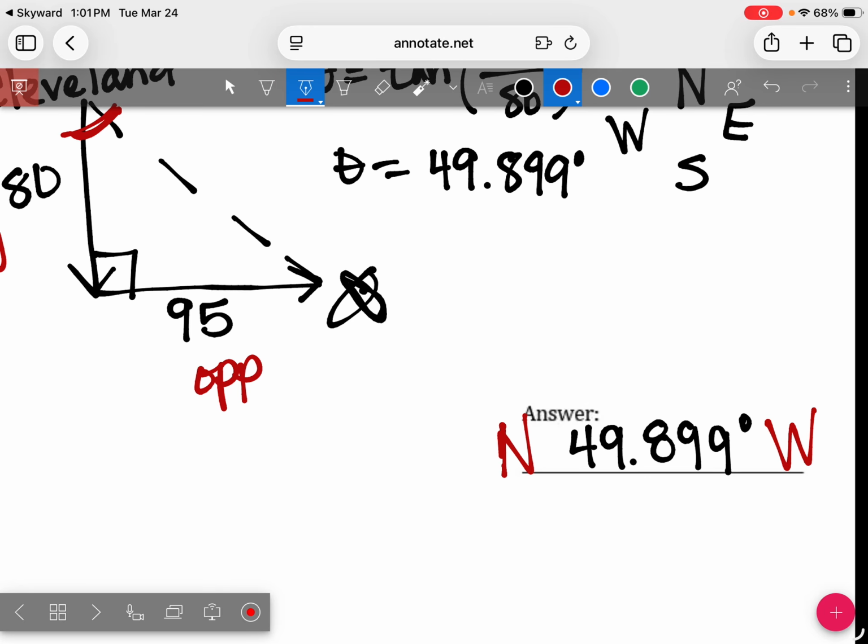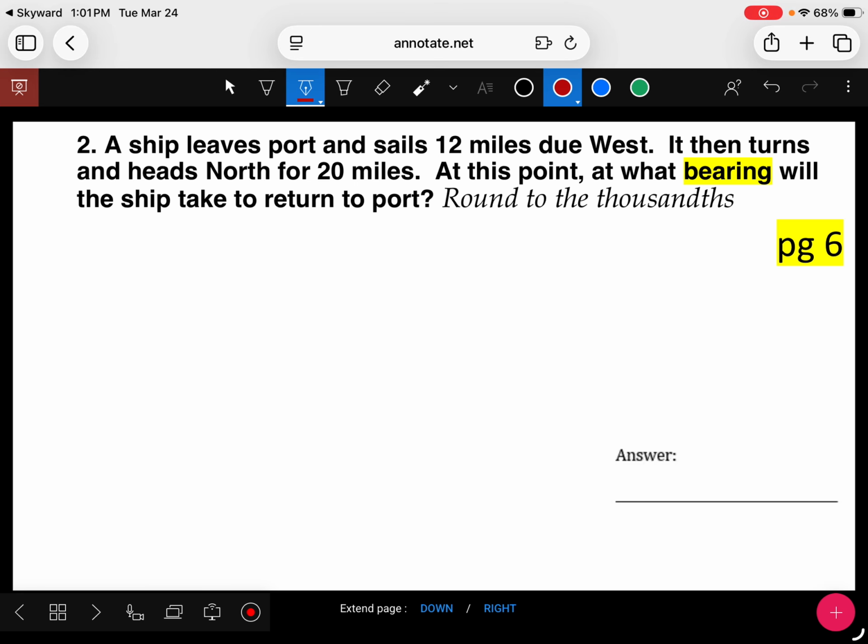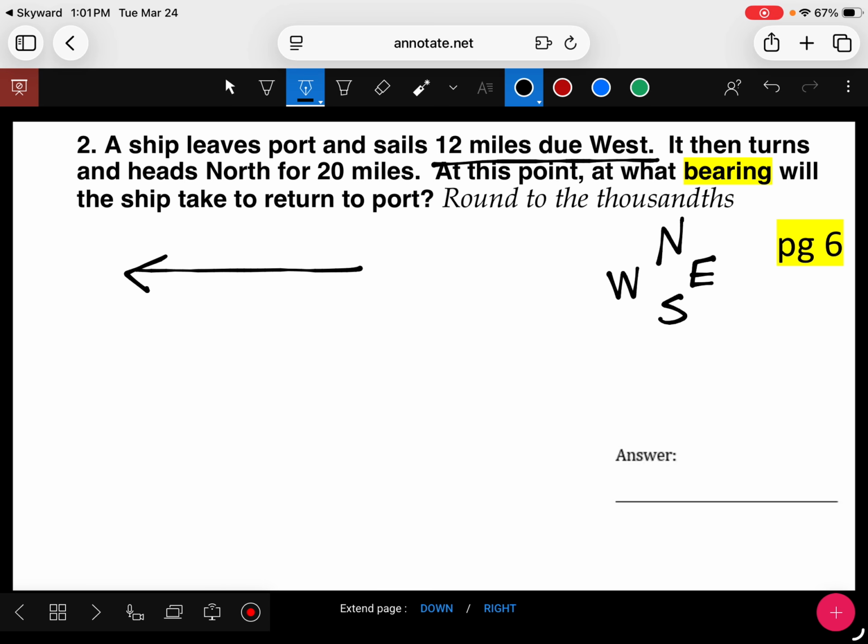All right, let's look at number 2. So we got a ship, and it went 12 miles to the west. So this was the port.